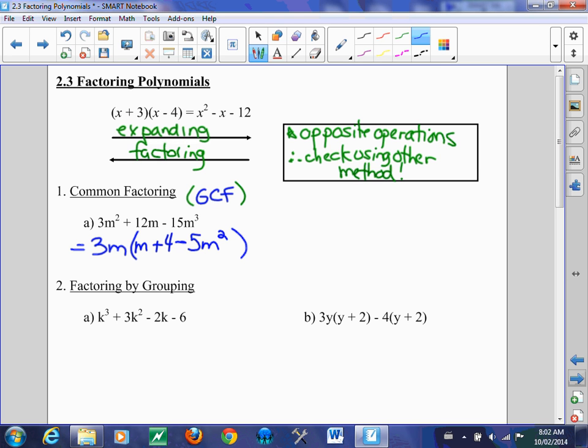Okay, so you need the greatest common factor. And you always look to common factor first before you do the other factoring. So always try to common factor first.